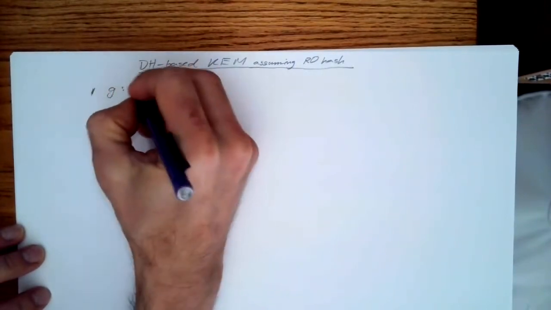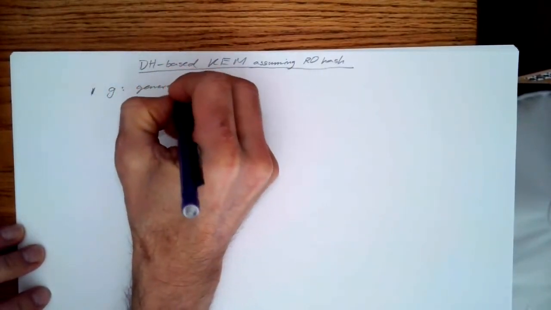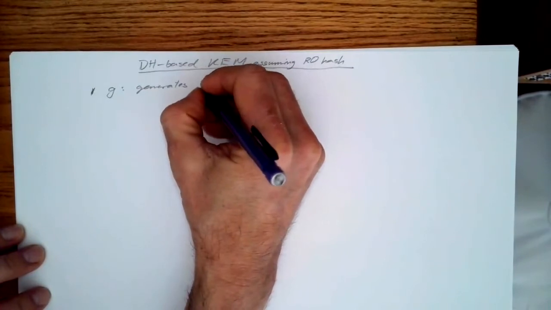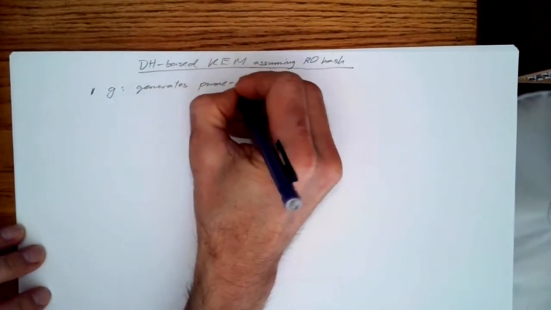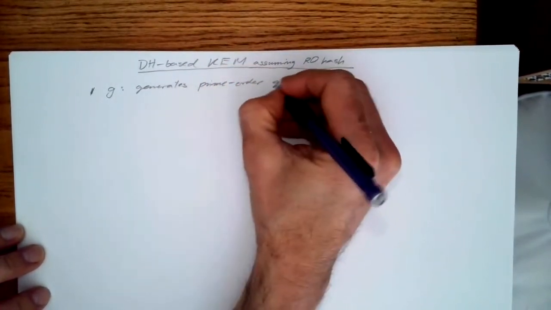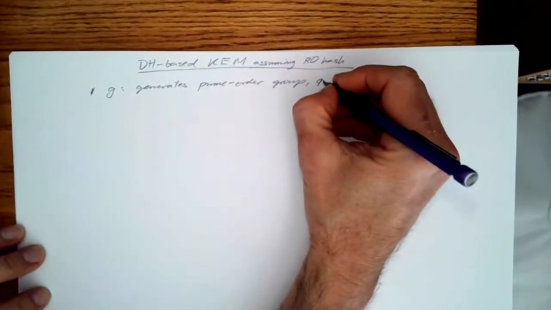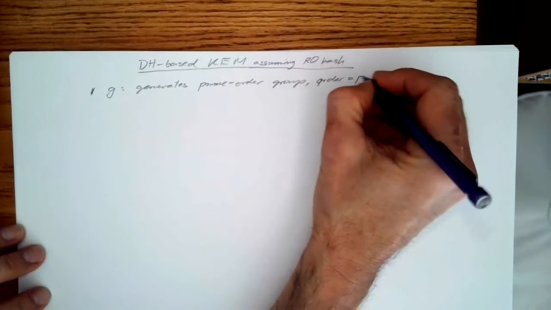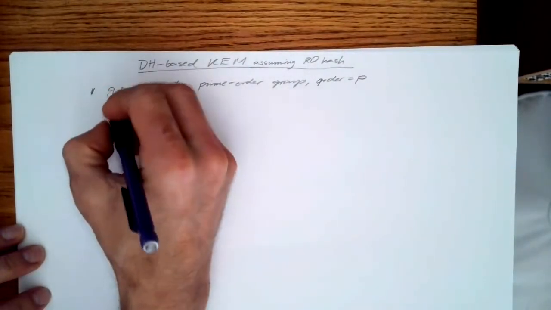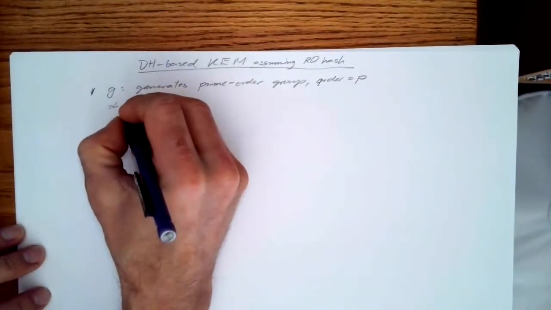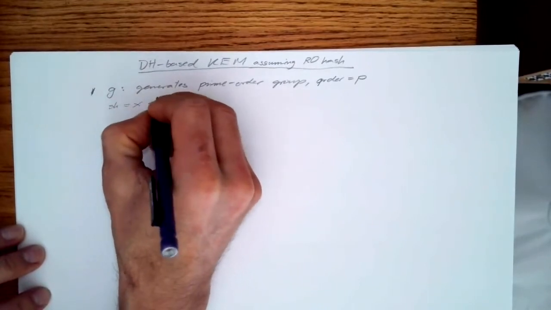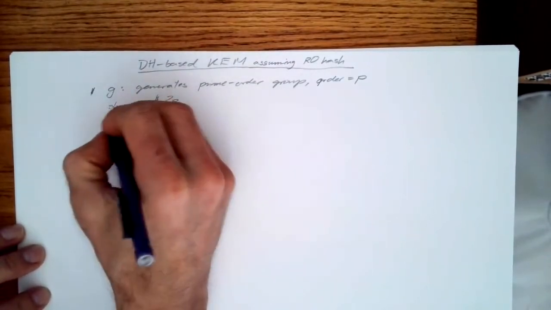So G generates a prime order group, of order, let's say, P. The secret key is X, which is generated at random in the group order.